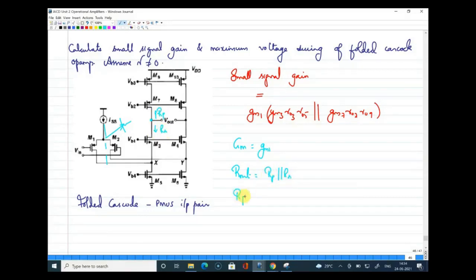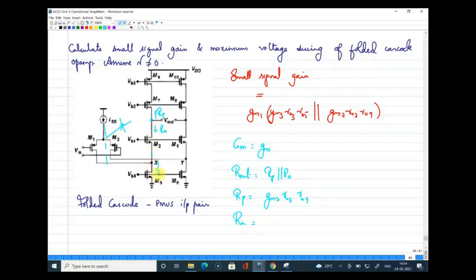Now RP is same as what we have here, which is gm7 ro7 into ro9, and RN is the resistance seen down. Here you need to be careful. We are looking at the drain of M3, but at the source of M3 you have two resistances.